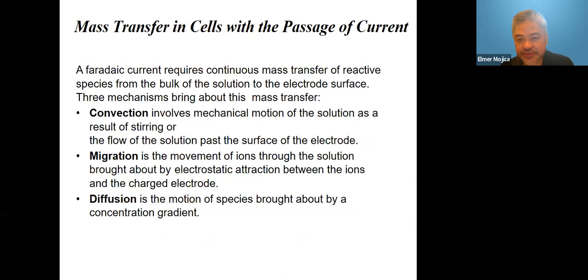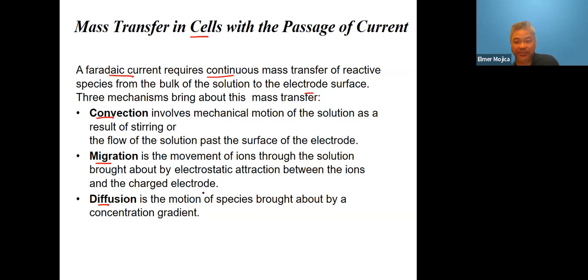Okay. Now, you can also have mass transfer in the cells with the passage of current. So, yung tinatawag nating Faraday current, it requires the continuous mass transfer of reactive species from the bulk solution to the electrode surface. And three mechanisms are involved there: convection, migration, and diffusion.